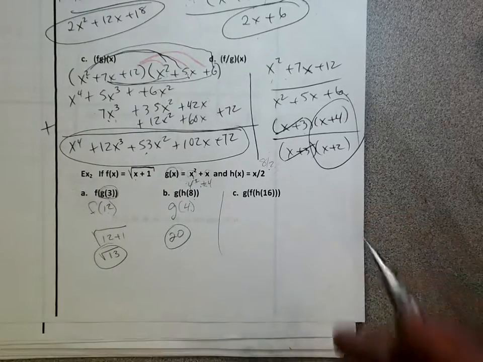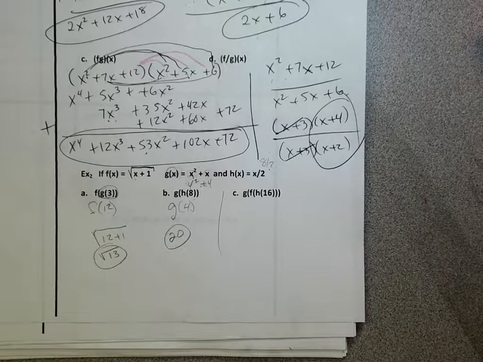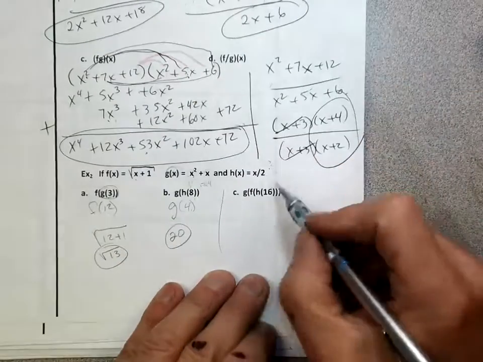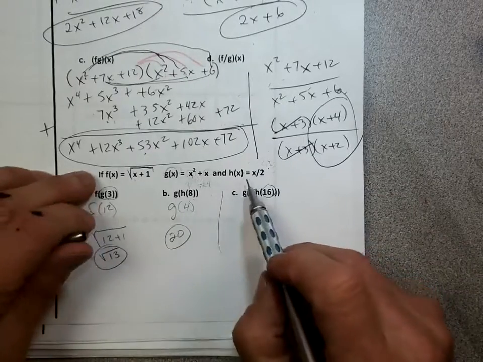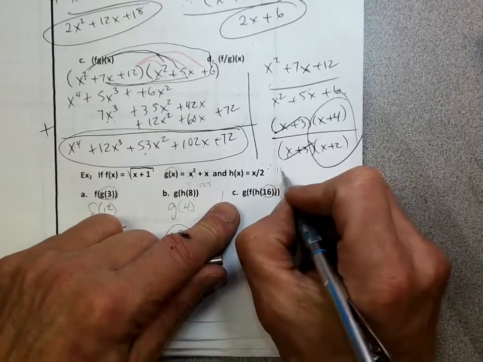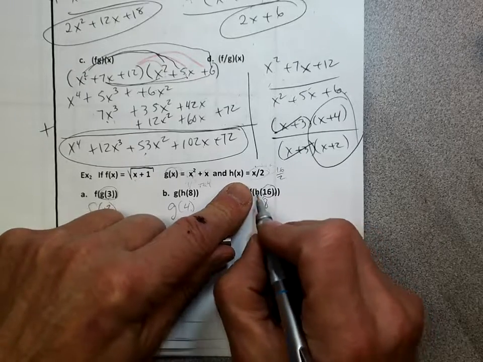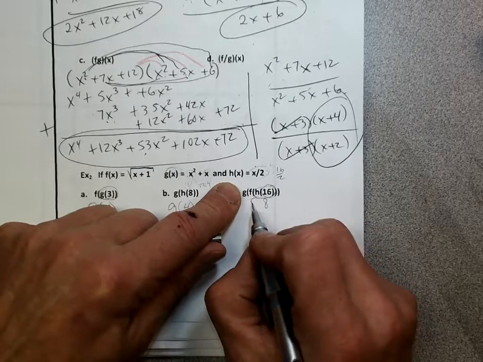Okay, how about C? With C, we're going to move it 3 different times. First of all, let's plug 16 into h. 16 divided by 2 is 8. Now let's take f of 8.